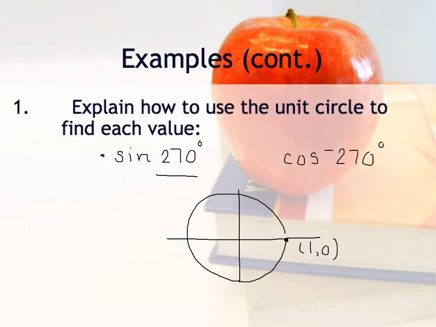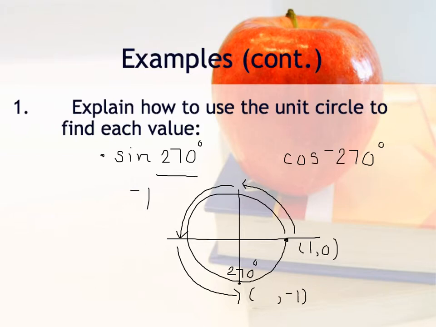Well, starting at (1, 0), if I rotate here, that's 90 degrees. If I keep going, that's another 90 degrees, so that's 180. If I keep going, that's another 90 degrees, so that's a total of 270 degrees of rotation. Sine, we know, is the y-coordinate. So our y-coordinate here, where we land, is at -1. So the sine of 270 degrees is equal to -1.